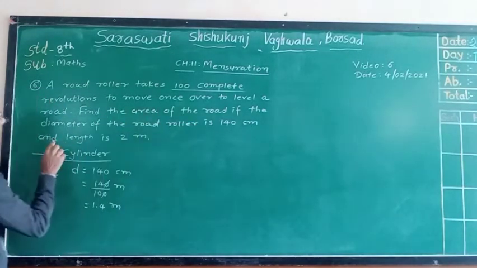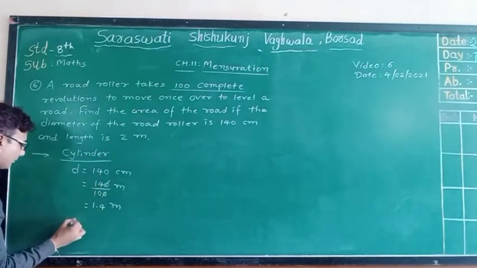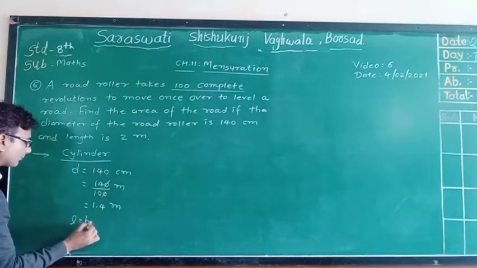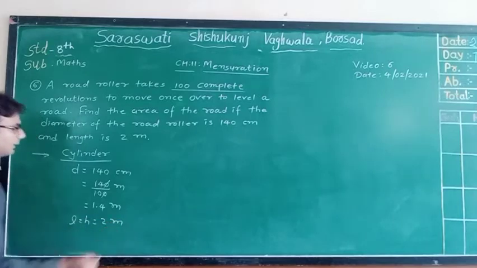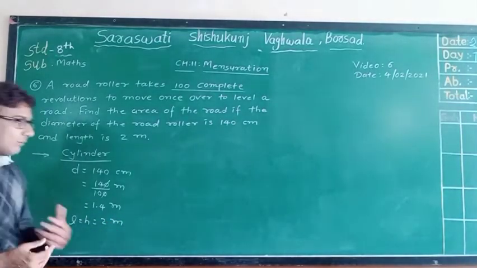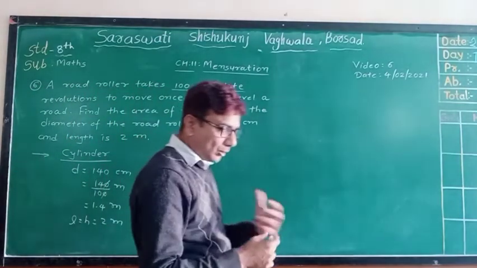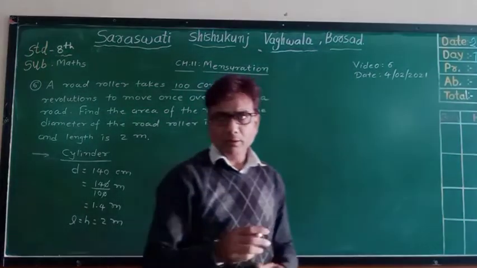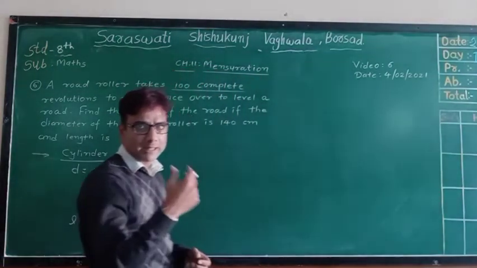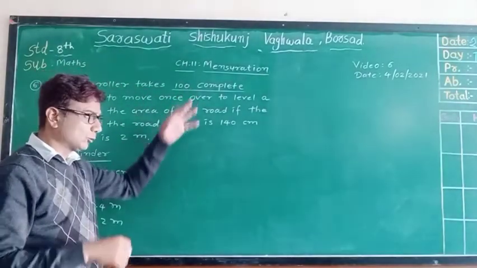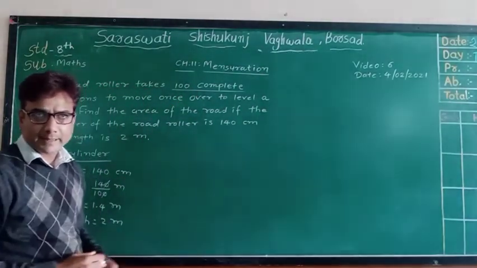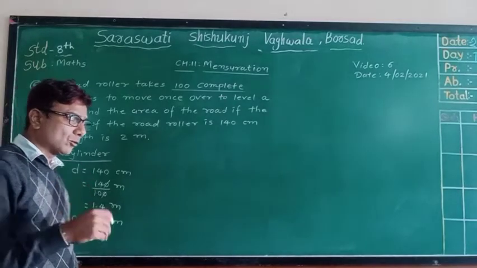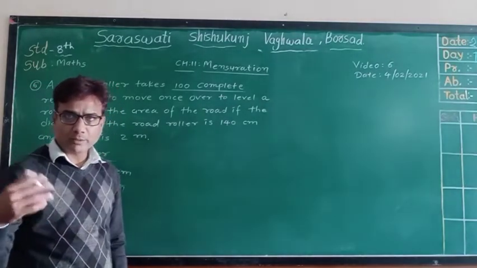Length means h is 2 meter. So first I will find how much area it can cover for one revolution, then after that I will multiply with 100, so I can get the total area if that roller revolves 100 times.